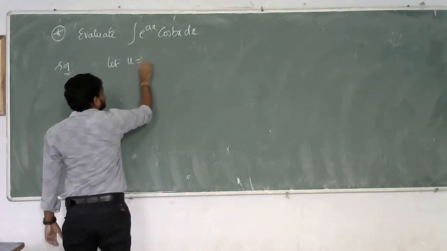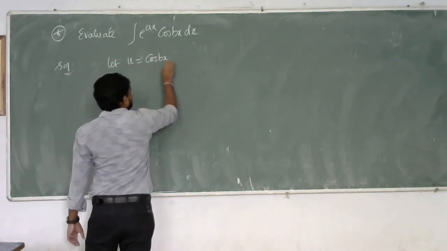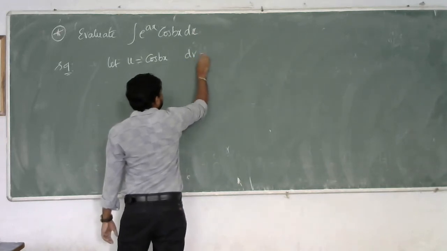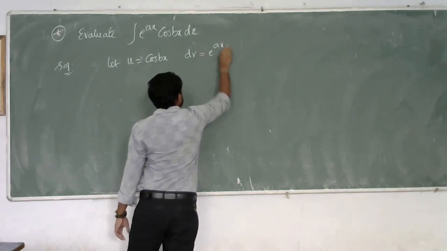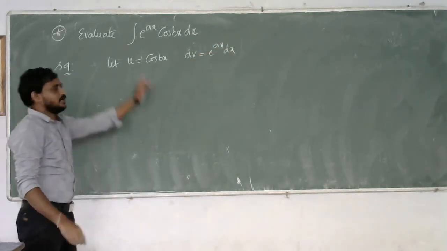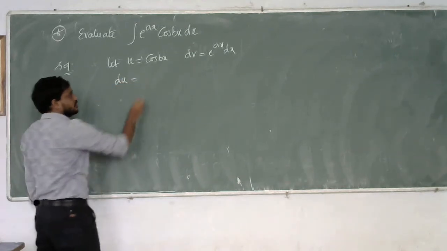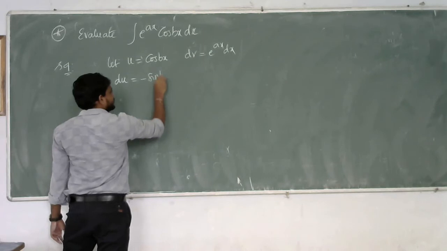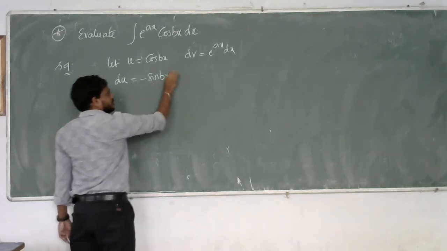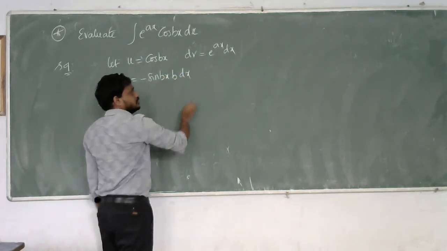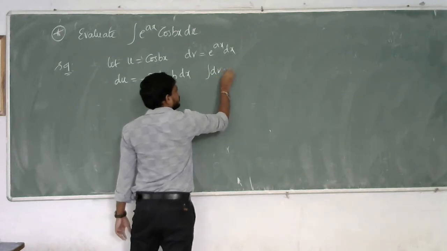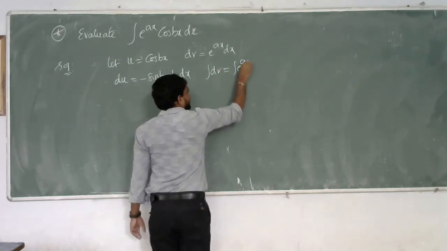Let u equal to cos bx, then dv equal to e power of ax into dx. Then du. So differentiation of cos bx is what? Minus sin bx into exponent b into dx. Then integral dv equals integral e power of ax into dx.